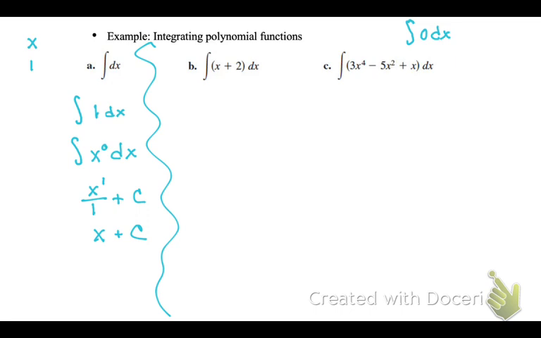So the next one I have the integral of x plus 2 dx. And you should have parentheses around that because you're integrating the whole thing. So when we think about it, it's just like the addition subtraction rule for derivatives. We have the integral of x dx plus the integral of 2 dx.